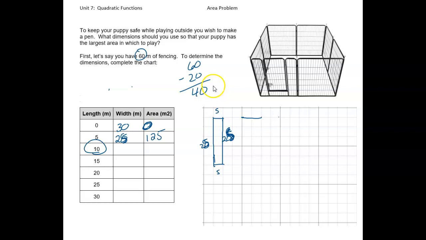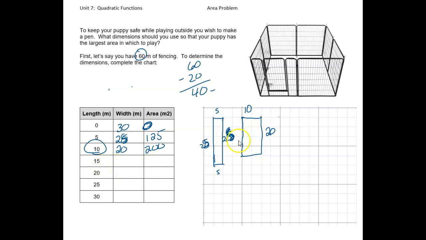So each one now has to be 20. So length of 10, width of 20, 10 times 20, and I get 200.